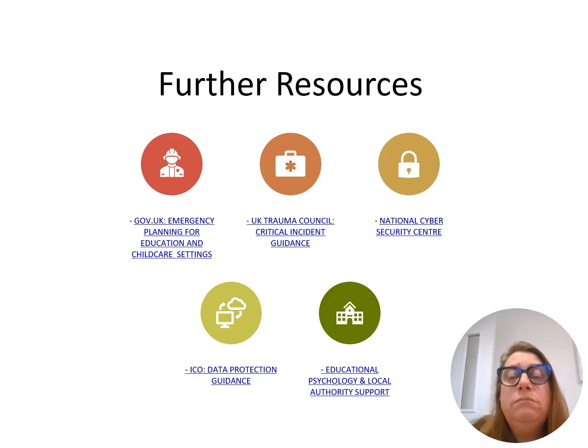There's the National Cyber Security Council, ICO, data protection guidance, and then educational psychology and local authority support as well. So these are people that you can refer to or call on if you are dealing with a critical incident and you need some extra support around a specific area.